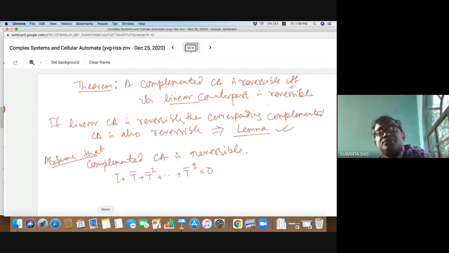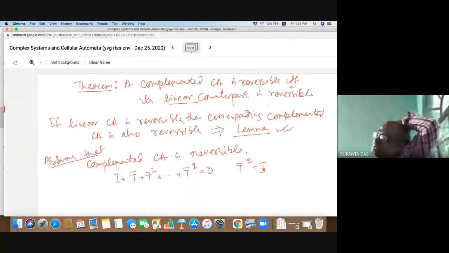That is the property of it forms a cyclic loop, and so it's reversible. So if I assume that complementary C is reversible, then this property is followed. And at the same time, it also follows that T bar Q equal to I. Right?